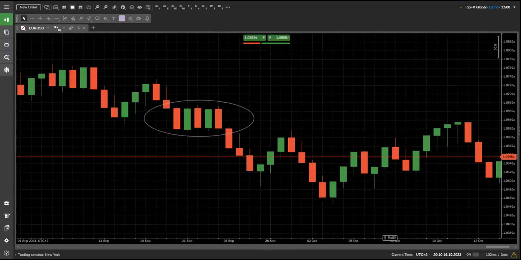So as range bar charts eliminate much of the noise, they become very useful when it comes to drawing trend lines, right? The trend lines must be drawn by hand.